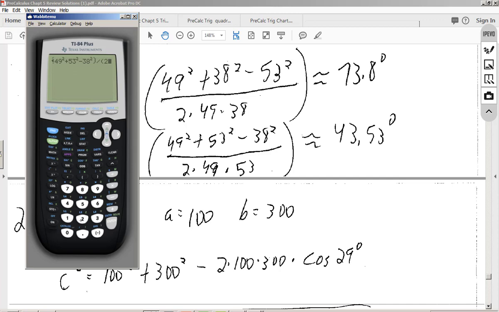So you got 2 times 49 times 53, parenthesis, and then another end parenthesis. Hit enter, and there's your last angle.